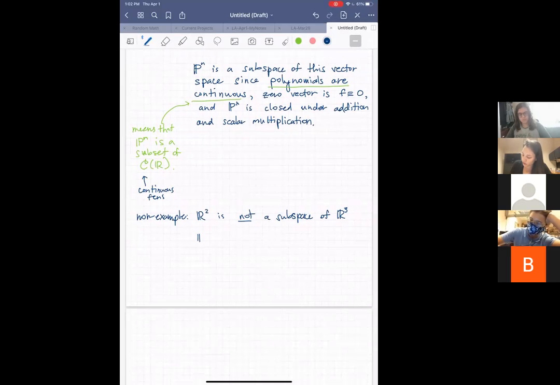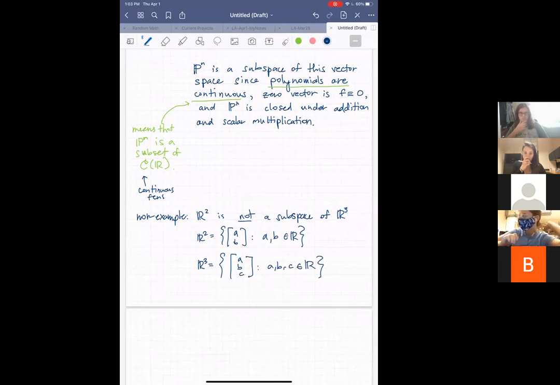So R2 is made up of vectors with two entries, so it looks like this: vectors (a, b), where a and b are real numbers, and R3 is made up of vectors (a, b, c) such that a, b, and c are real numbers, right?